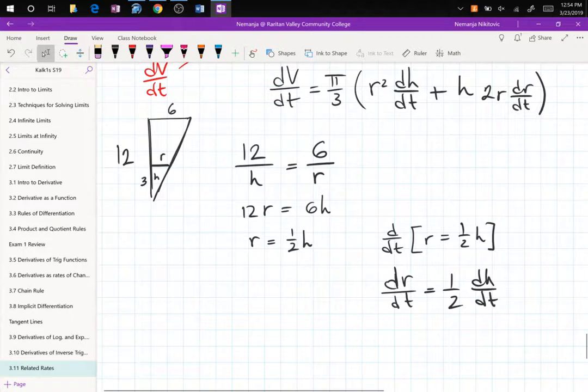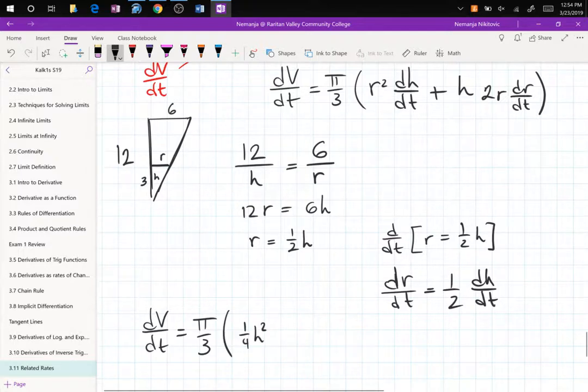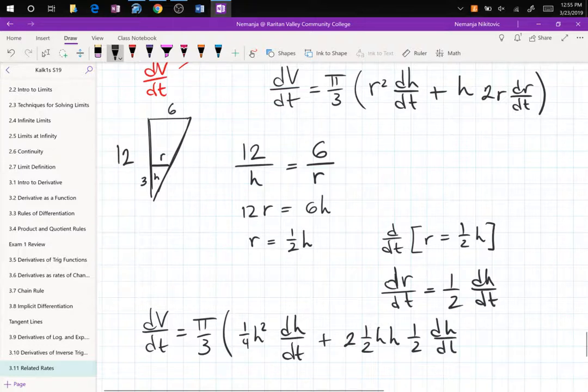So now we can plug everything in, and we have that the dV dt is equal to pi over 3, and in parentheses we have, instead of r, 1/2 h, so that's a 1/4 h squared dH dt, plus 2 times r, which is 1/2 h, times another h, and dr dt is 1/2 dH dt.